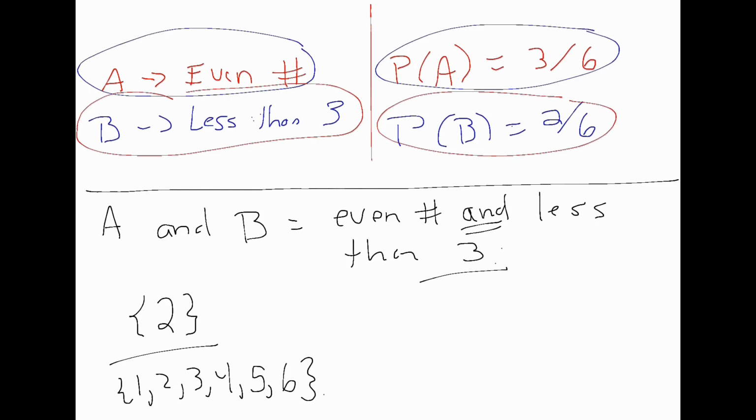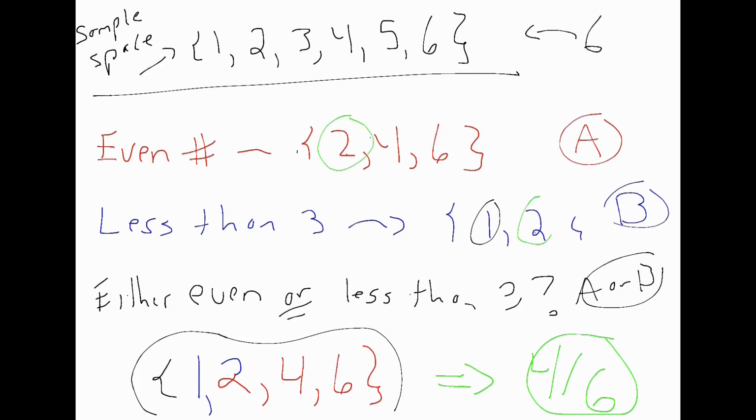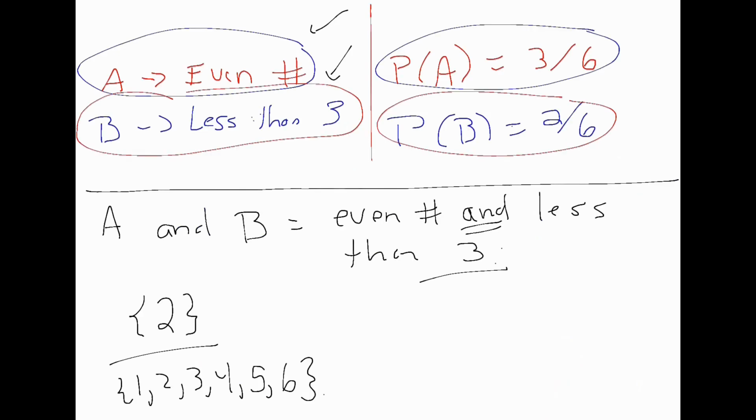So what does that mean? That means that both of these things happen. In other words, I get an even number, which means I get a 2, 4, or 6, but I also get a number less than 3. And so how many ways can I have overlap between these two sets? Of course, there's only one even number that's less than 3, and that would be 2.